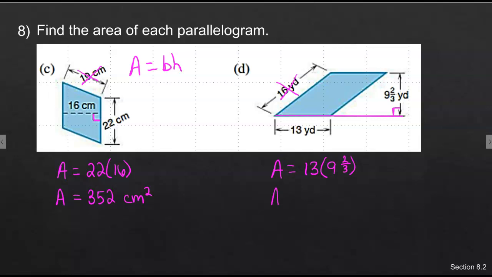You can use your calculator for that. You don't have to change the 9 2/3 to an improper fraction. You can just simply key it in, and we get 125 2/3, and that would be square yards, which I'm going to write with the exponent yards squared.